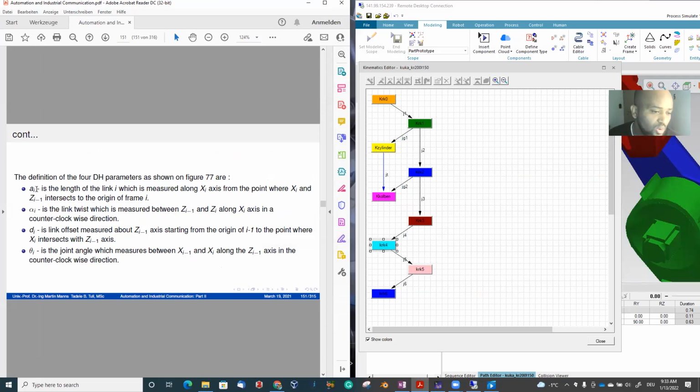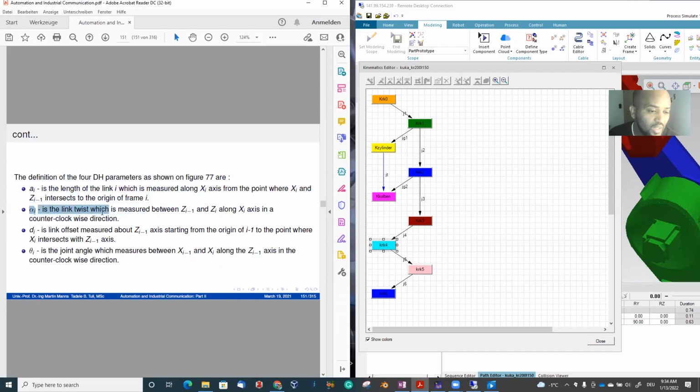So a4 is the length of link 4, which is measured along the X4 axis from the point where X4 and Z3 intersect to the origin of frame 4.